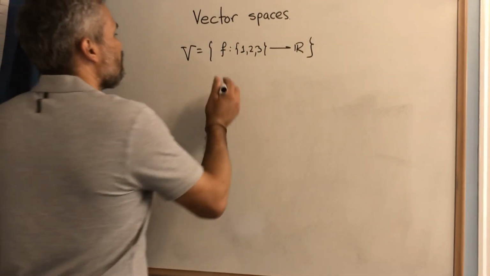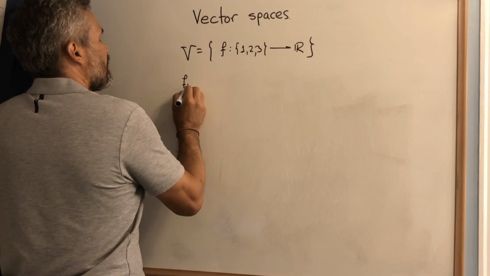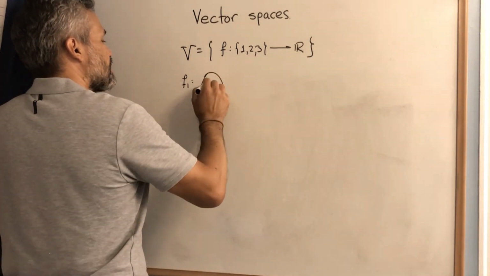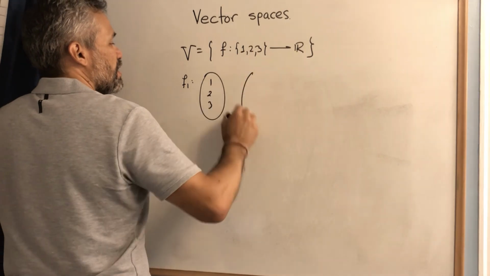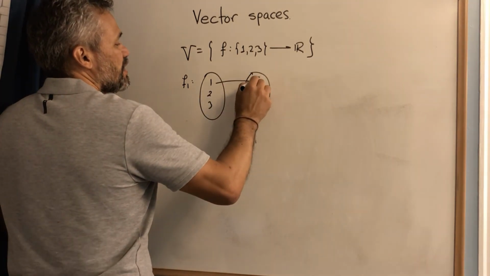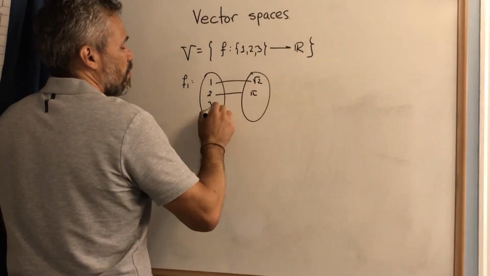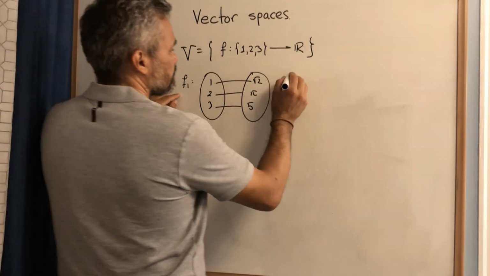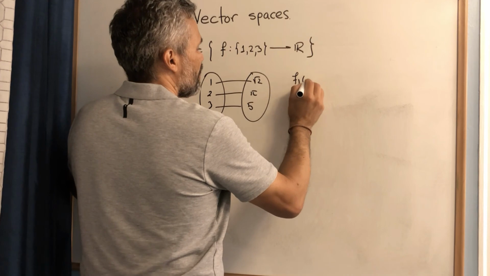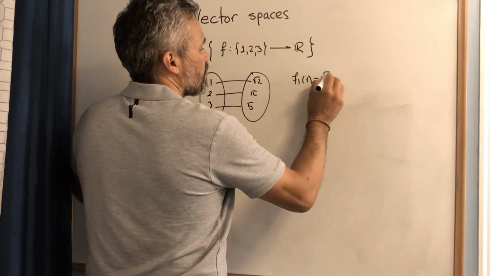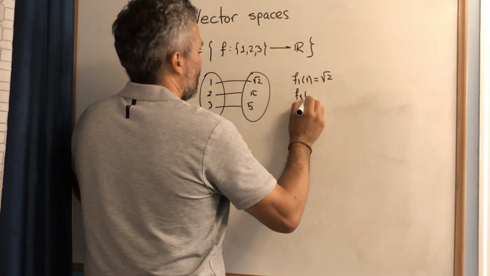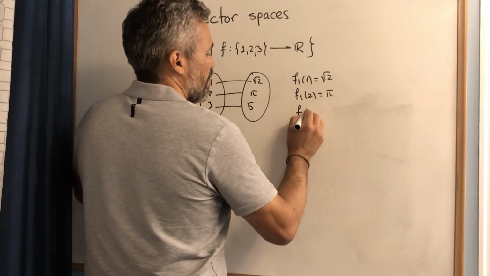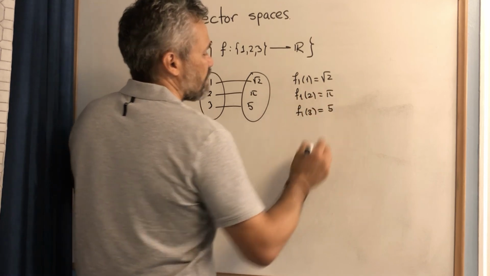Then an example here would be f1, the function that takes 1, 2, 3 into, let's say, square root of 2, pi, and 5, right? Here we are defining the function: f1 of 1 is the square root of 2, f1 of 2 is pi, and f1 of 3 is 5.